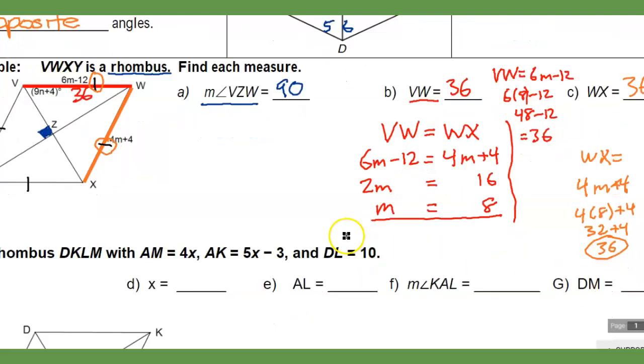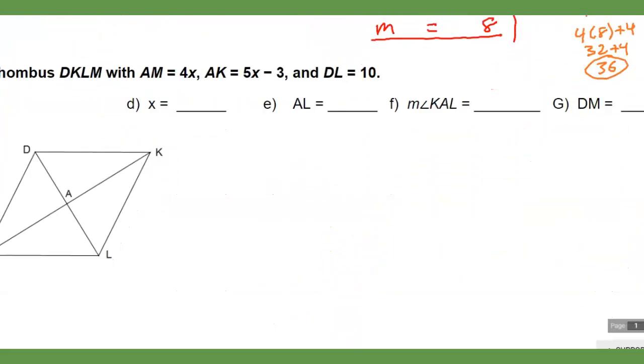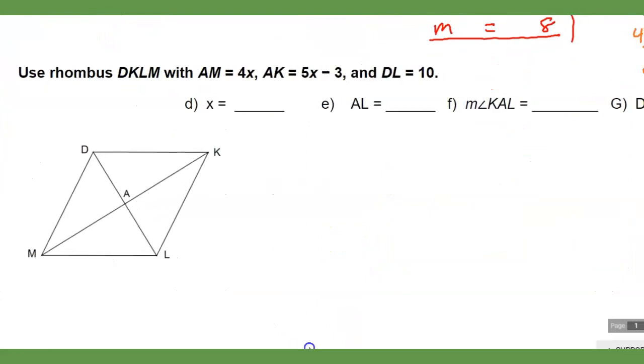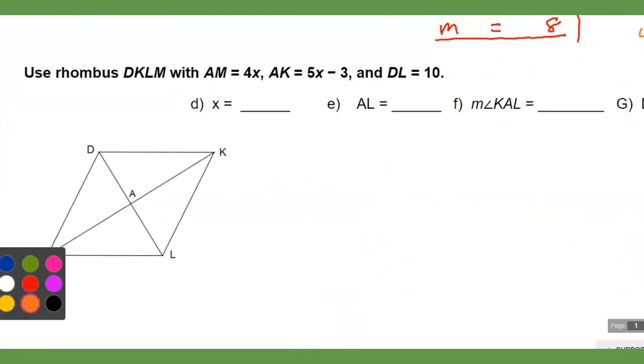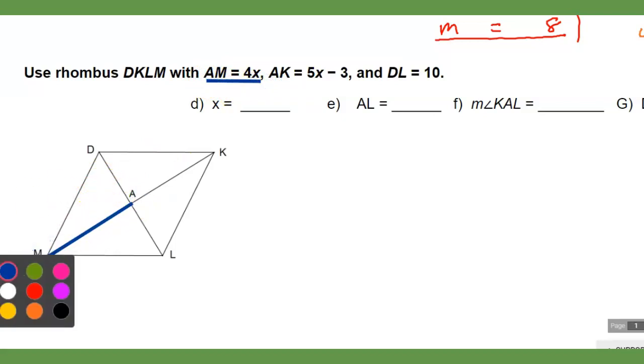Okay. So let's move on, do a little bit with the expressions. So we have x equals, let's see here, label everything. Let's just be careful about it. Use the colors, use all the good stuff, not make any mistakes. Okay, AM is 4x, right there. Have AK is 5x minus 3.